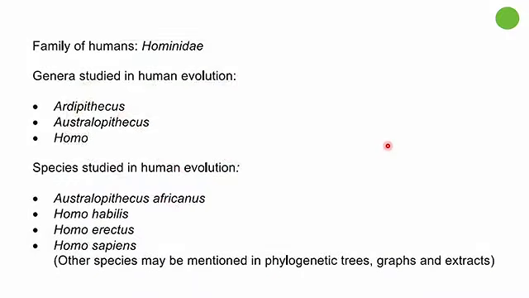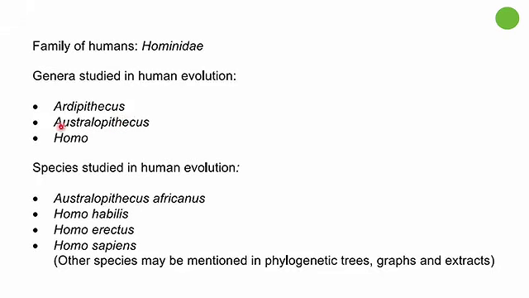Right, okay, the family of our hominins. If we have a look at the breakdown, Ardipithecus would have been one of our first species to exist. Then we have Australopithecus, which started to develop shortly after that and is more recent on our evolutionary scale. And then Homo are the most recently evolved species.